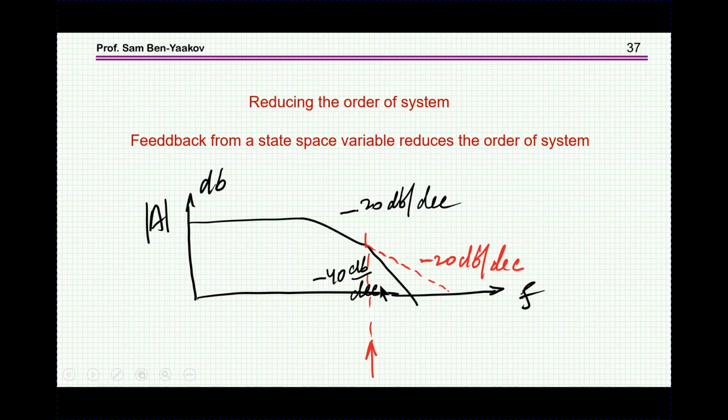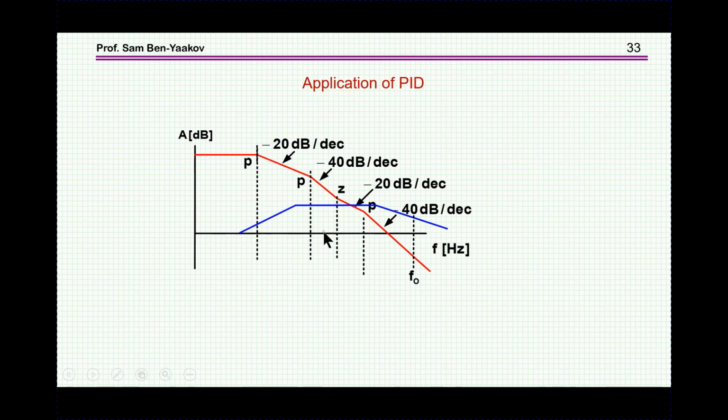So therefore, the compensator could be much simpler. It could be just this portion here, which is a PI.